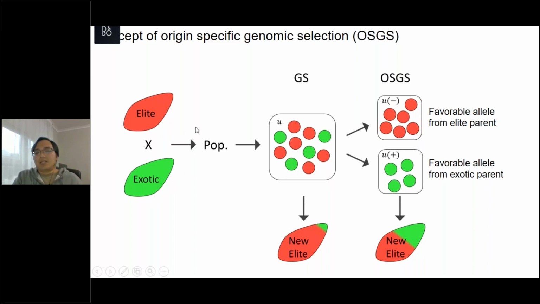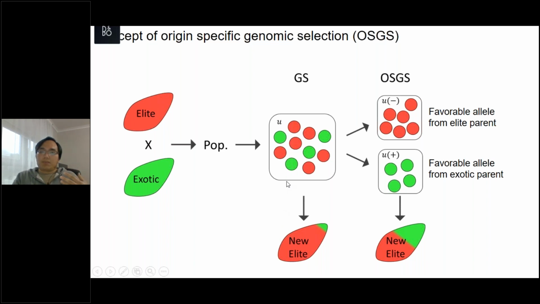The elite would just be the modern crop variety. An exotic line could be a landrace, a wild relative or something else. Once you make a cross, you can apply genomic selection to try to create a new elite variety that would have favorable alleles for your trait of interest.